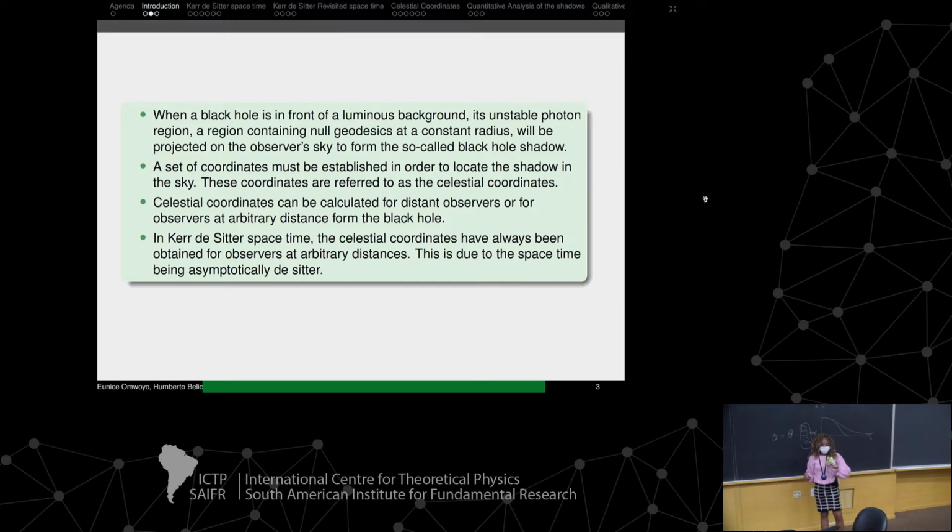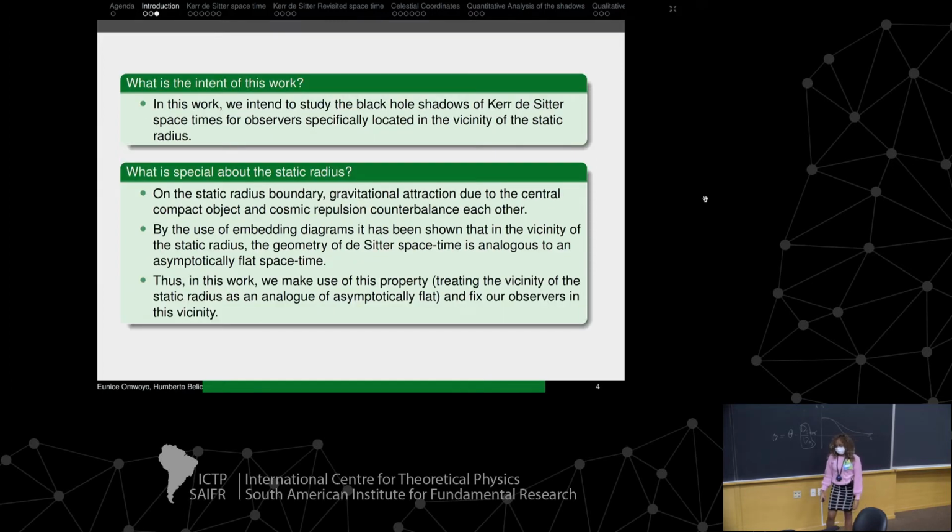So a lot of care has to be taken with the observers, and the observers always considered in the literature in this spacetime are finite distance observers, because there's nowhere we can consider it to be asymptotically flat. So we just use the null tetrads and obtain the celestial coordinates. And then, what do we intend to do in this work? The tetrad formalism has been used.